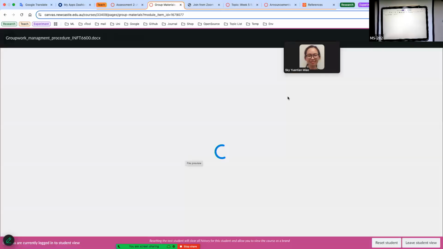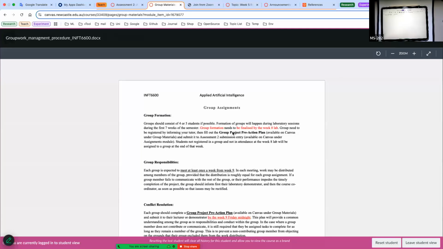This procedure outlines the due date of your group formation. It says that for the first 7 weeks, you need to get familiar with your classmates, and then you need to consider who is the best partner to work with.